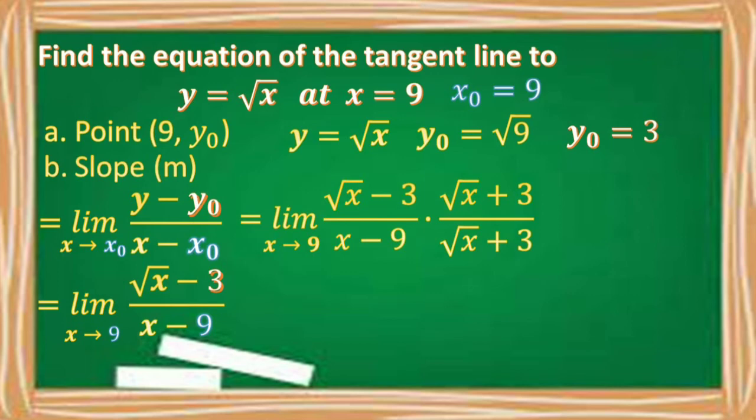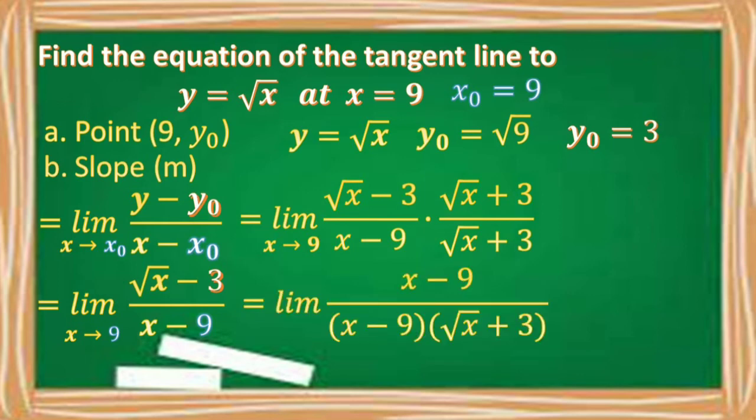So simply get the square of x minus the square of 3, we have the limit of x minus 9 over x minus 9 times the quantity the square root of x plus 3 as x approaches 9. Then cancel out x minus 9.